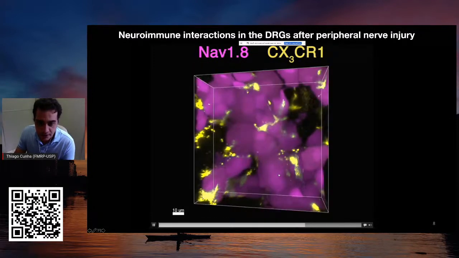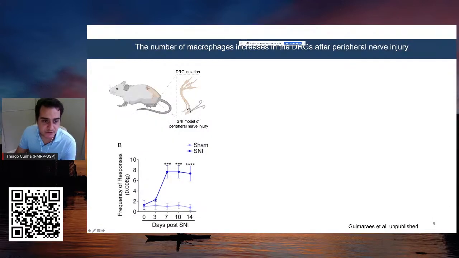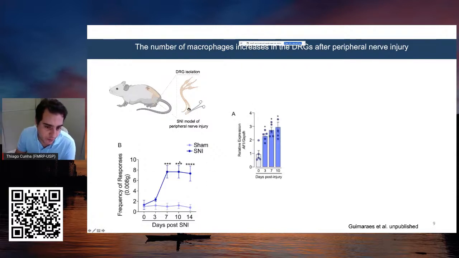two cells. And what we know so far is that after this kind of injury, after SNI induction in the periphery, we can induce pain hypersensitivity. And what we found, and not only our lab, but other labs, is that after this injury in the periphery, there is an increase in the expression of markers of activation of macrophages in the DRG.